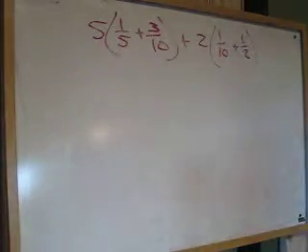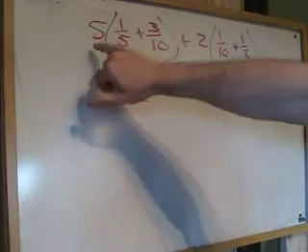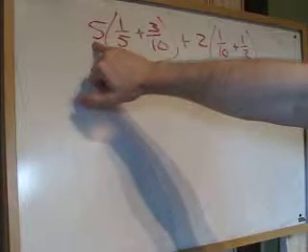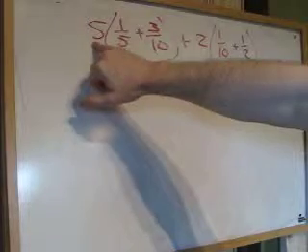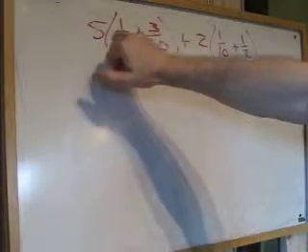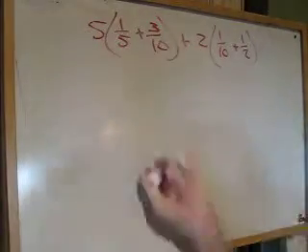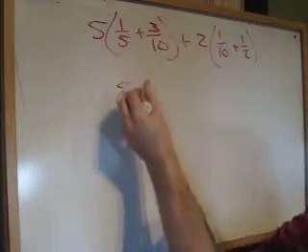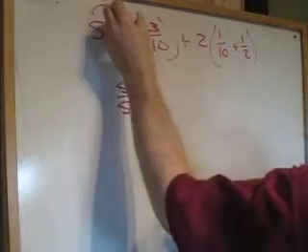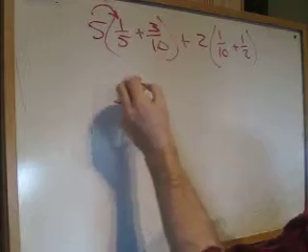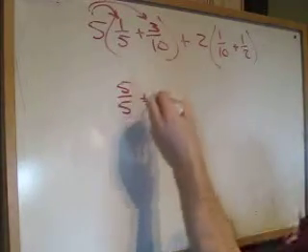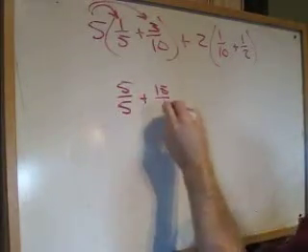But at the same time, what I would do is I would look at what would happen if I distributed this 5. See, if I distribute this 5, I get 5 times 1. I get a 5 over 5 here, right? This times this. And if I distribute this 5 over here, I get a 15 over 10.